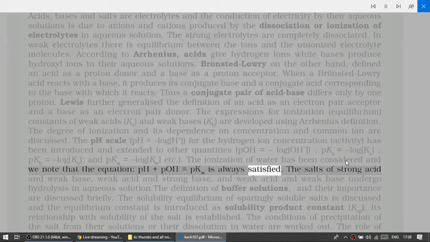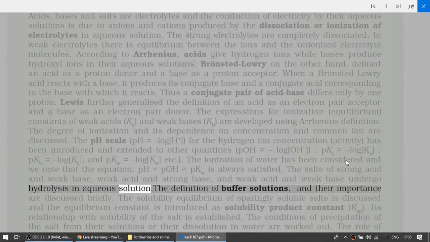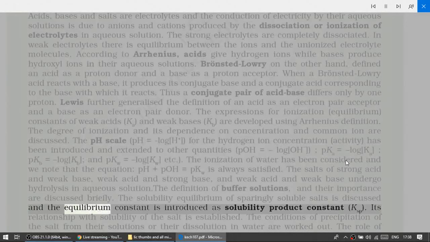The salts of strong acid and weak base, weak acid and strong base, and weak acid and weak base undergo hydrolysis in aqueous solution. The definition of buffer solutions and their importance are discussed briefly. The solubility equilibrium of sparingly soluble salts is discussed, and the equilibrium constant is introduced as the solubility product constant, Ksp.